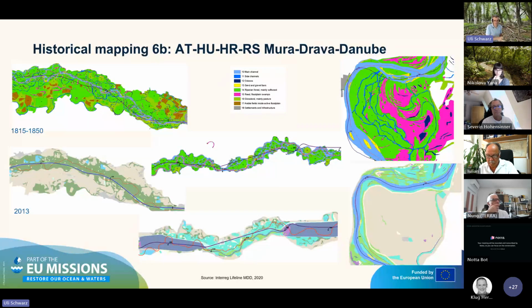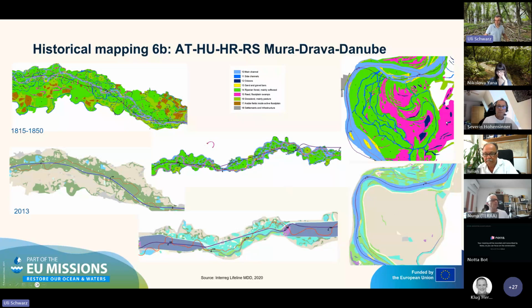And that was also the case here. Therefore, another challenge was to bring those maps together into one comparable fit. And you can see here the Mura on the left side, the Drava in this hydropower section, and the Danube just downstream of the Drava confluence.